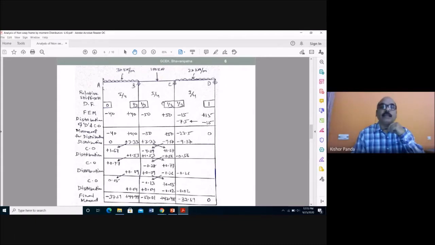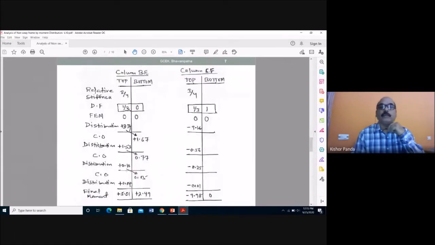Similarly, for vertical members, you draw another table, for column BE, and this is for column CF. So here you see this is top and bottom. The top of the column, this side you write, and for the bottom of the column, write this side. Similarly, for column CF, for top you write this side, and for bottom you write this side. And you know the relative stiffness of the vertical member is I by 4, and here also this is I by 4.